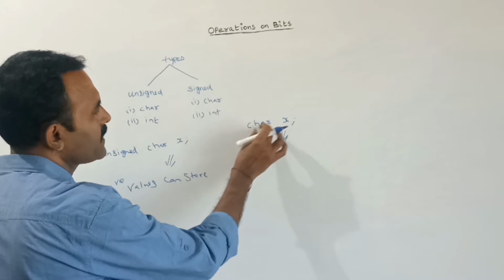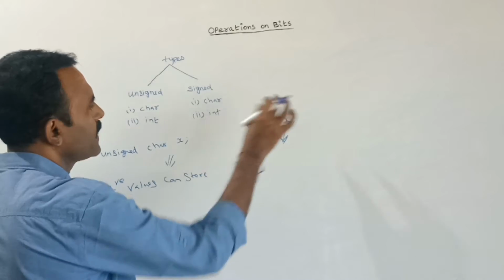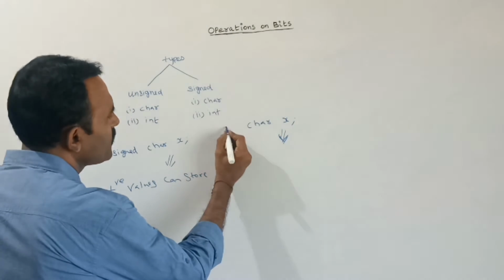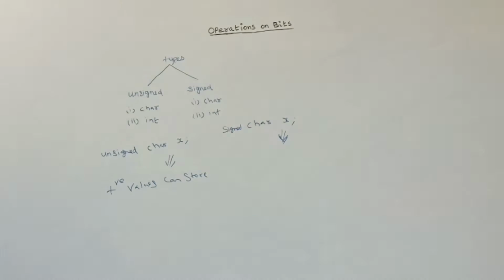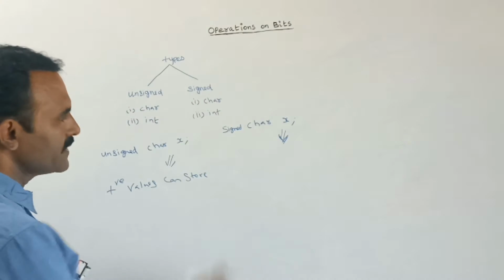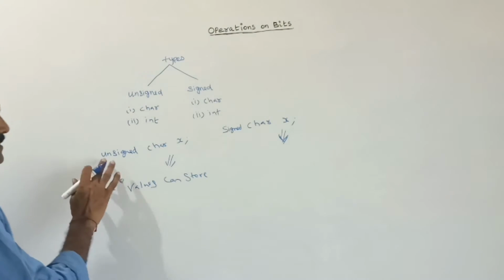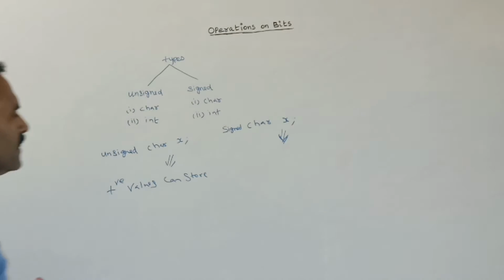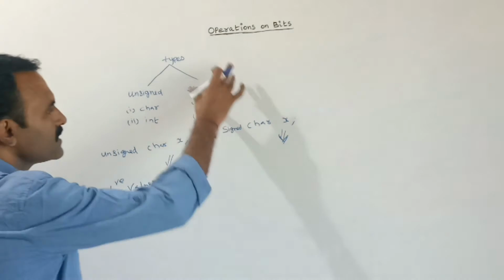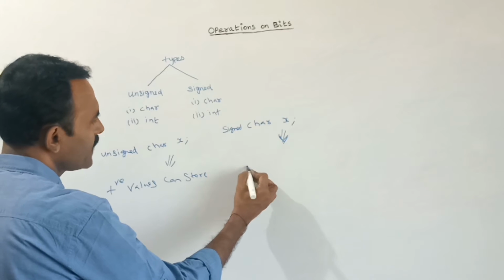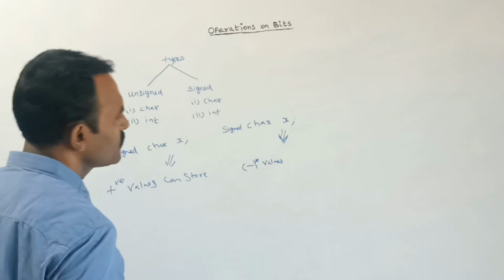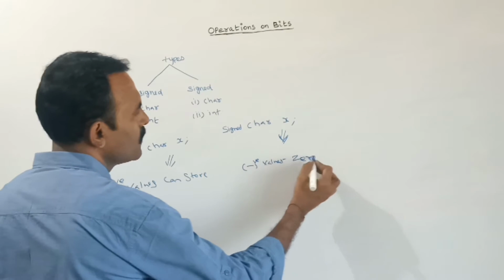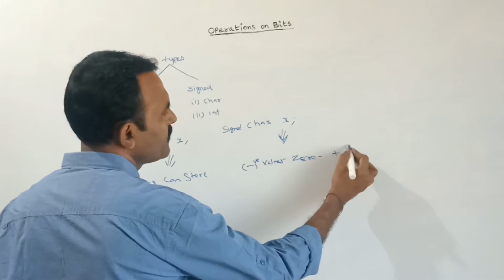Character x means this is a signed character. We need not write signed in front of the data type, because by default it is a signed data type. For unsigned we must define it. So in the signed one we can store negative values, 0 and positive values.